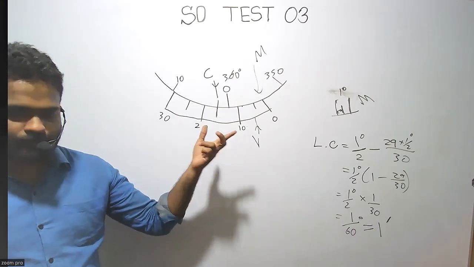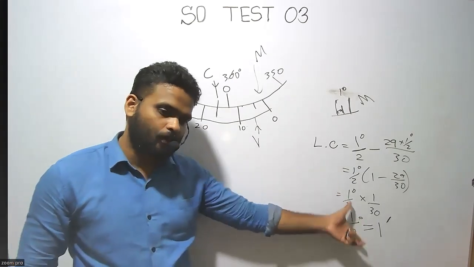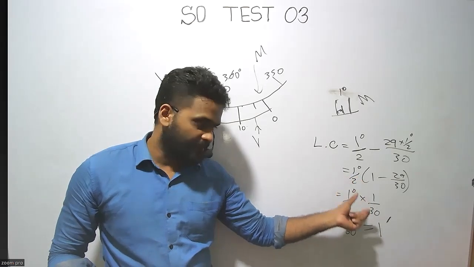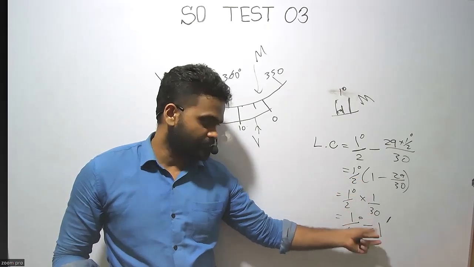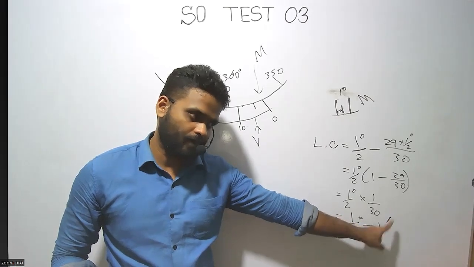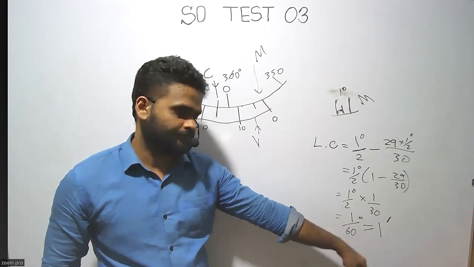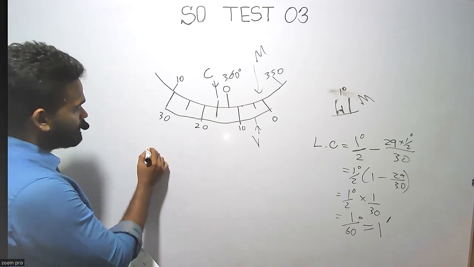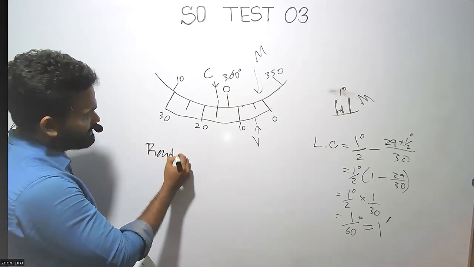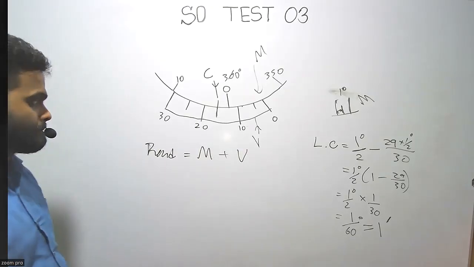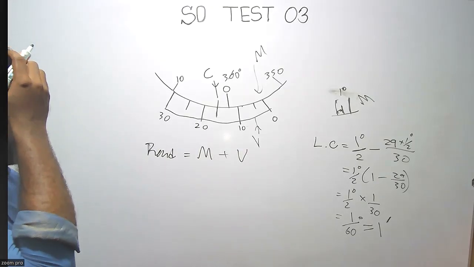Okay, so what did we do first? We found the least count of this apparatus first, the measuring instrument first. So that is 1 minute, right? 1 minute is the least count. Okay, that is done. Then we need to get the reading. So the reading is main scale reading plus vernier scale reading. Right.